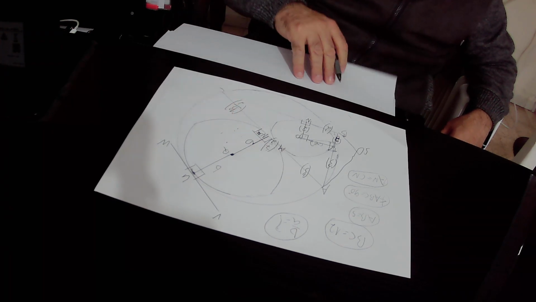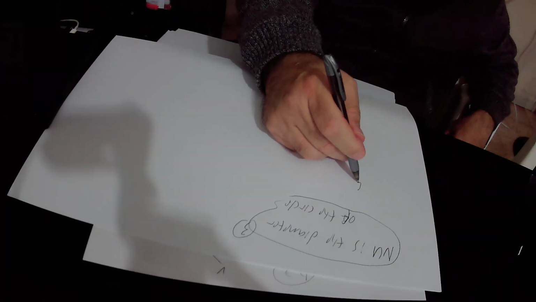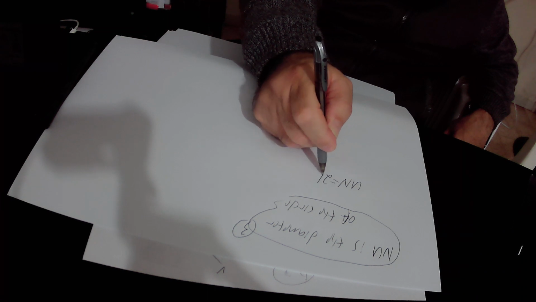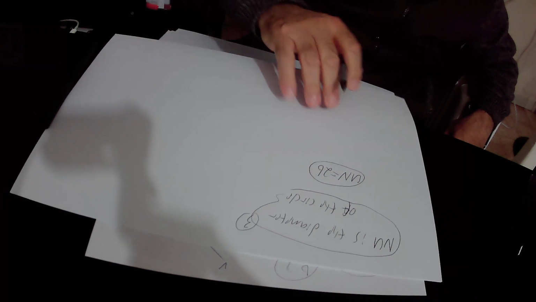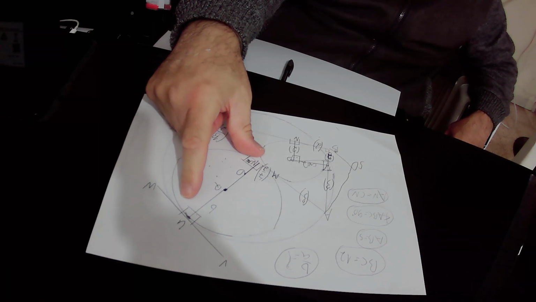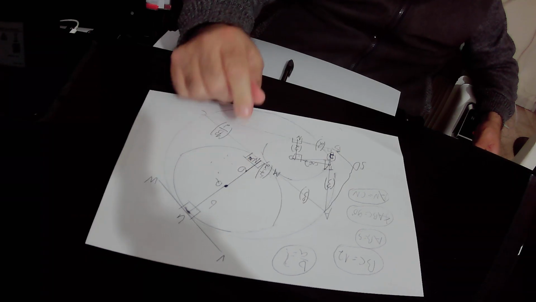Therefore, the diameter NU must be equal to 2b. NU or UN, it is the same, equals 2b units in its length. Again, this line segment UN equals 2b units in its length. It is the diameter of the circle. Okay.